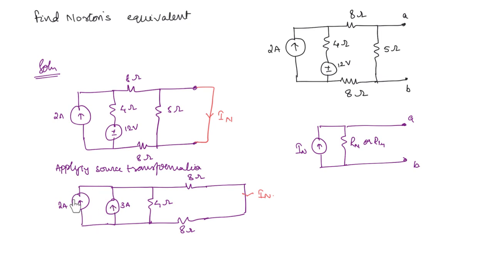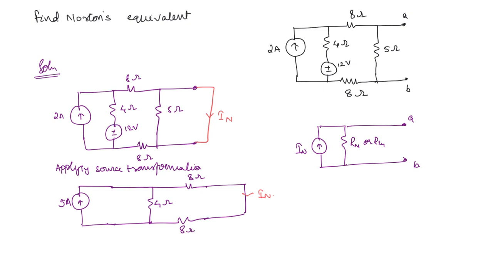This equivalent current, how much will both of these deliver? They will deliver 5 ampere, right? Or if it is confusing, you can just add both of them. So how much you will get? 5 amperes. Now 5 ampere current is being divided into 4 ohms and 8 plus 8. These both are now in series.